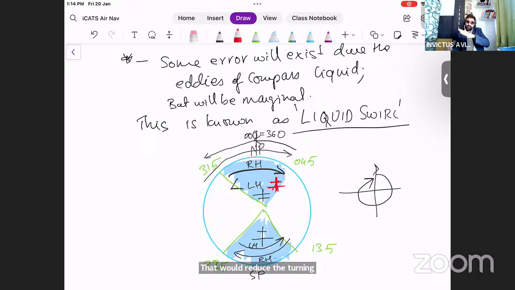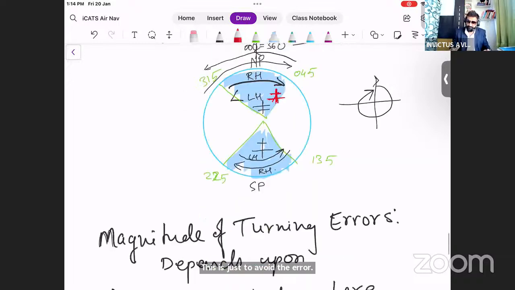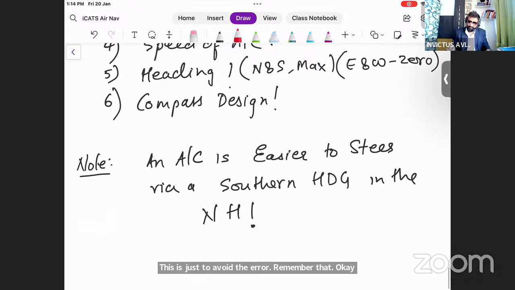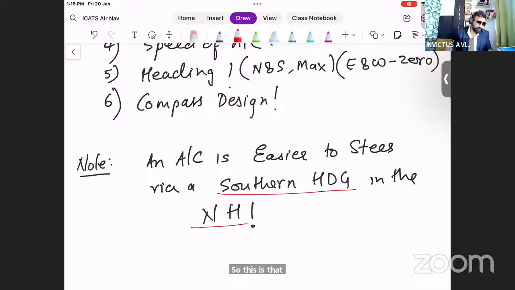If I'm going from 045 to 315 via the northern, then I'll experience a lot of turning errors. This is the meaning of this statement. Aircraft is easy to steer via a southerly turn or southerly heading in the northern hemisphere compared to a northerly heading. This is just to avoid the error. Remember that. Okay. So this is that reciprocal thing that can happen over here.